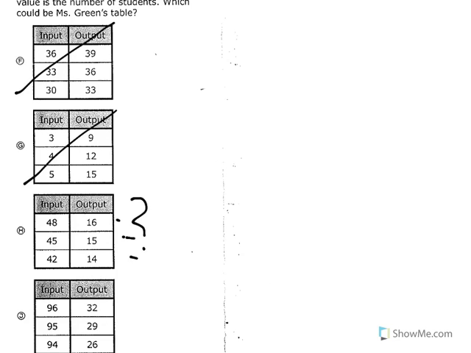Okay, so we're looking at the last answer choice right there. And the first two there, it looks like they might work out. That one looks like it might work, and that one looks like it might work. I don't think the last one actually works, so I'm going to check that one first. So that's 94 divided by 3.